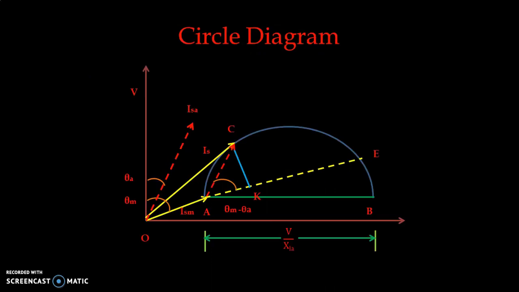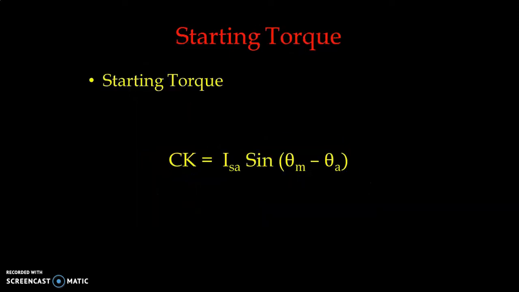If I go back to our circle diagram again, now you can observe and identify that CK is ISA sine theta m minus theta a. So that is what we have written, and it is our starting torque. So CK will give us starting torque.